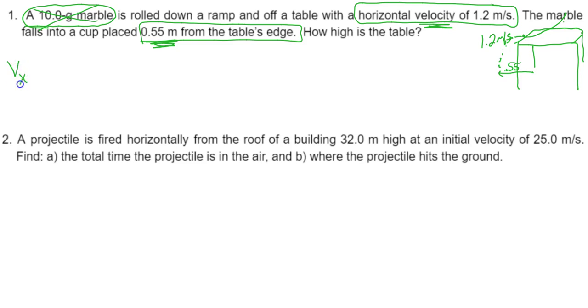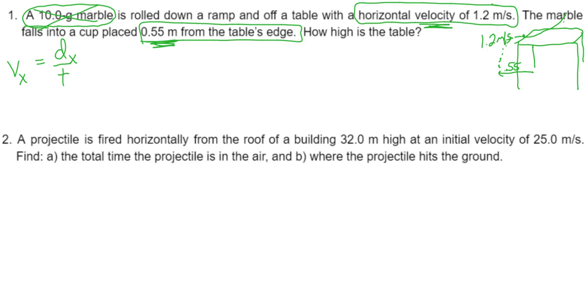So our velocity in the x direction is equal to the distance in the x direction over the time. Notice that the time doesn't have an x direction and a y direction because the time is just the total time that it spends going from the table to the ground.